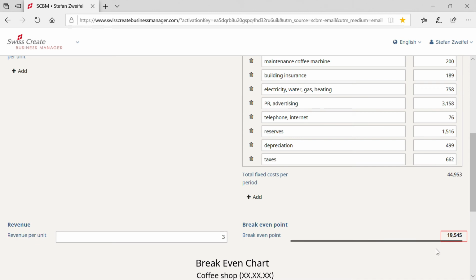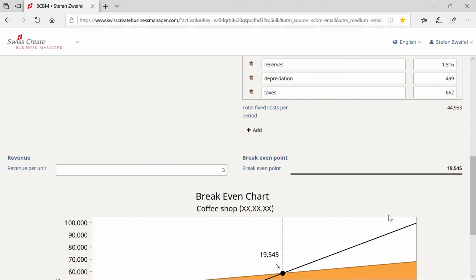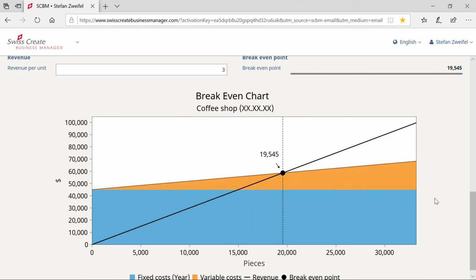I have to sell about 19,545 cups until I get into the profit zone. And below you can see the chart. The blue one are the fixed costs, and the orange one are the variable costs. This is the turnover line, and here I have the break-even point at 19,545 cups.